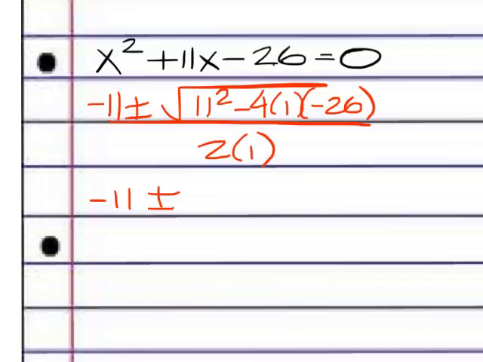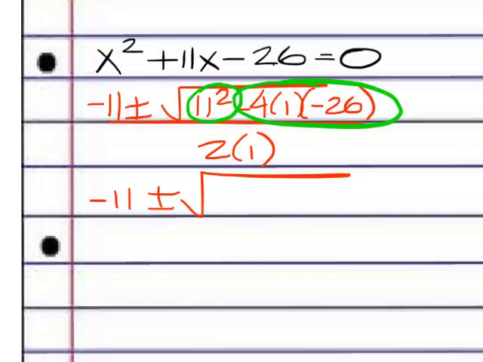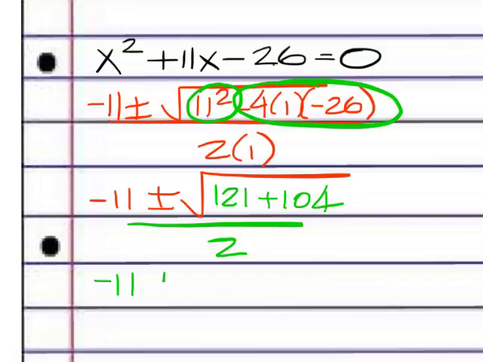So negative 11 plus or minus the square root of, and we'll change colors to do the problem, 121 plus 104, which comes out to be 225. And the square root of 225 is 15.